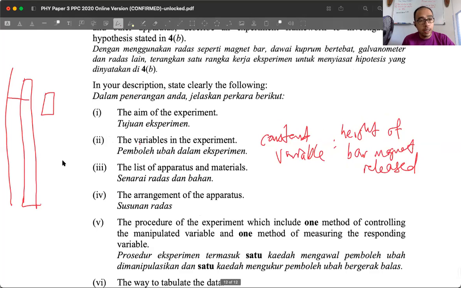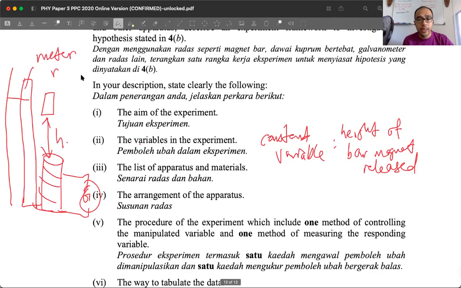And then here is the solenoid with the coil, connected to the galvanometer. Over here is the set value of H. This is the meter rule. So the constant variable is this height, the height of the bar magnet release.